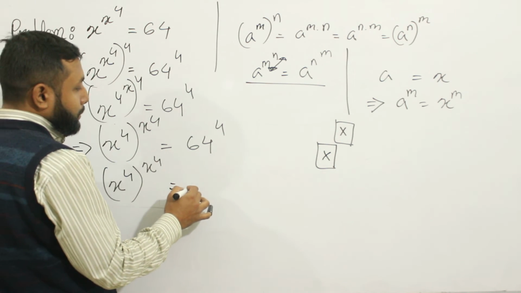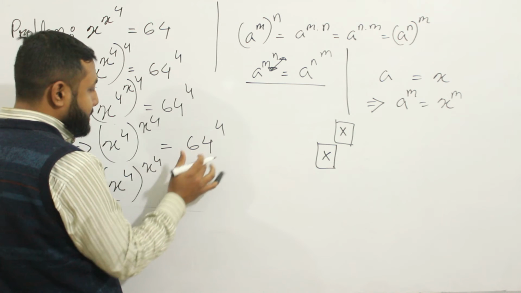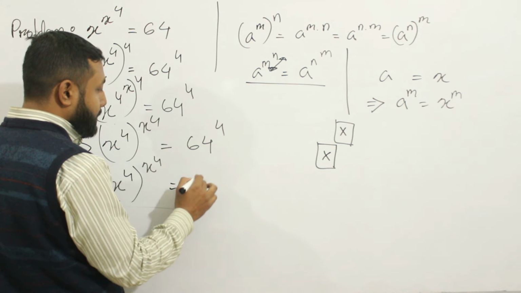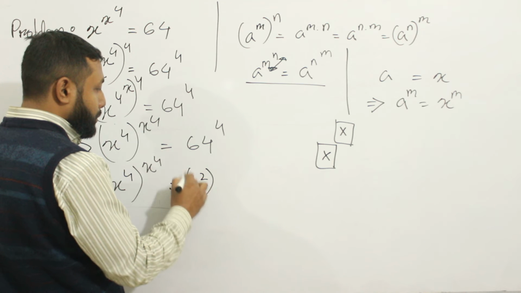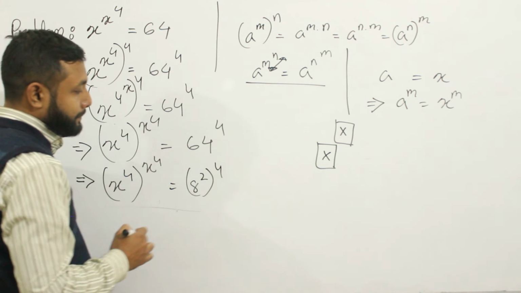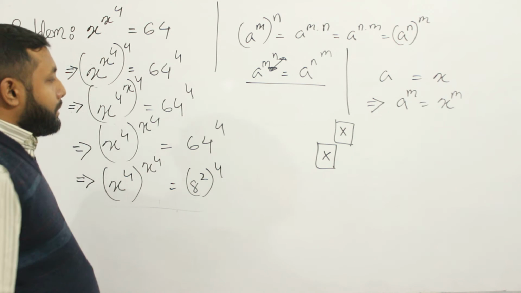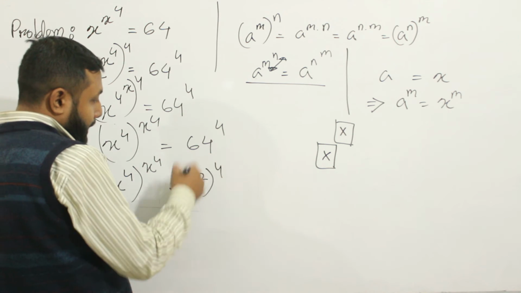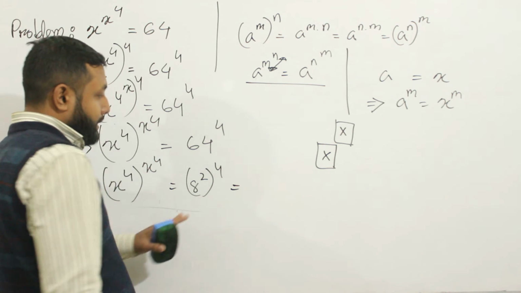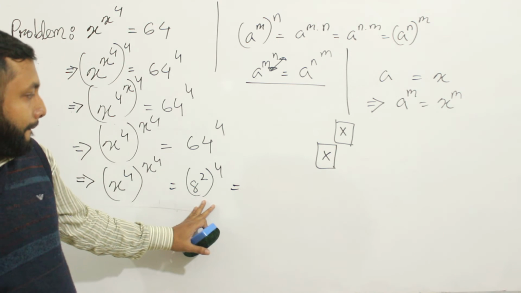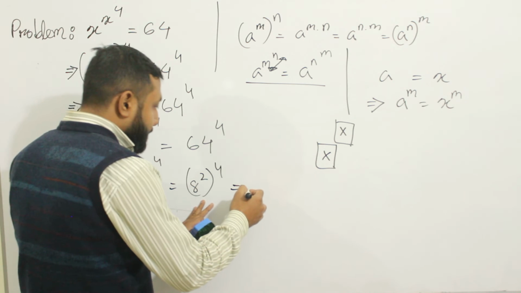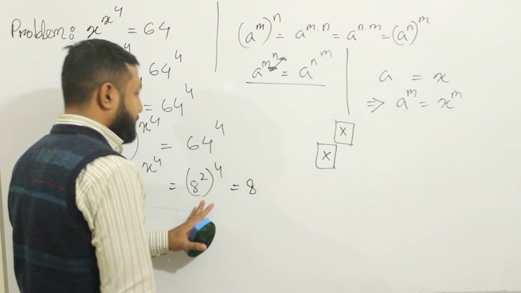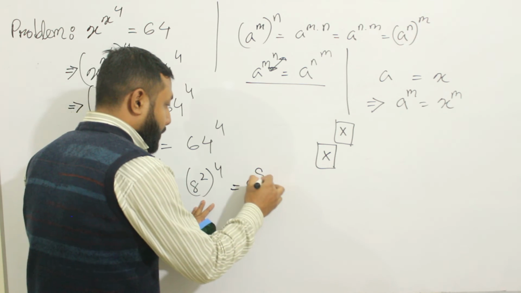So we just rewrite this 64 as 8 to the power 2 to the power 4. Again, we can rewrite this value as 8 to the power 8.